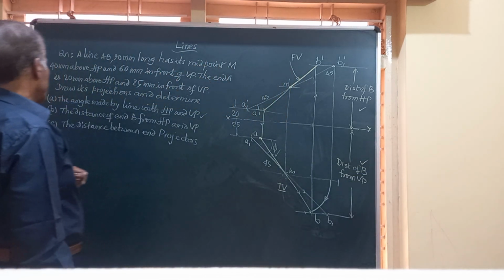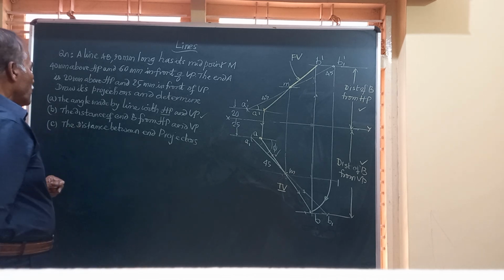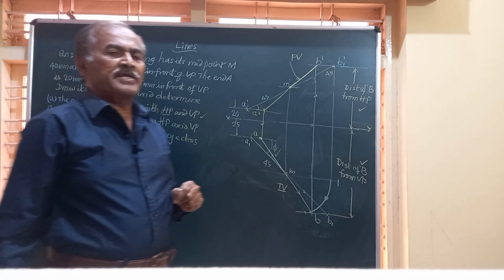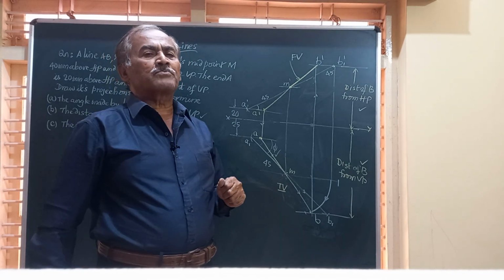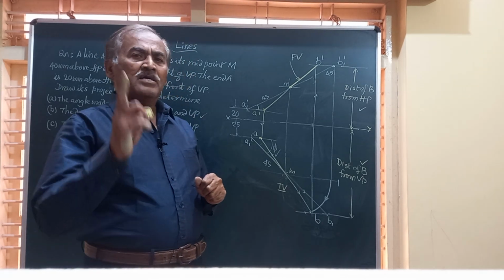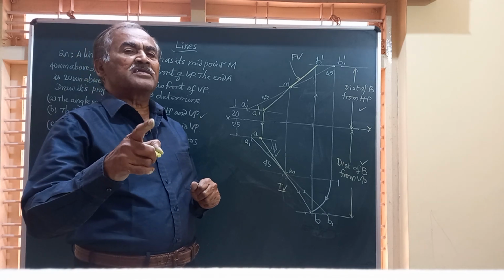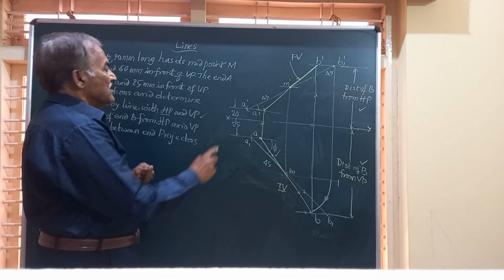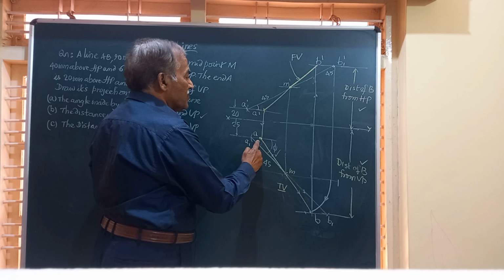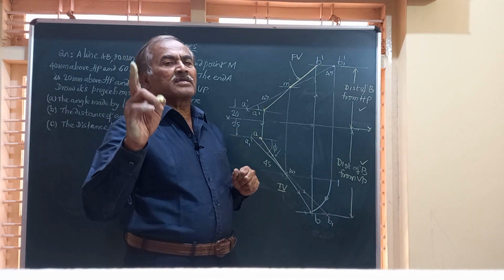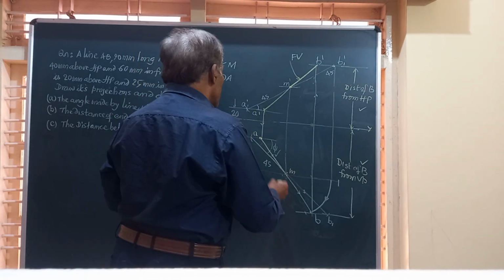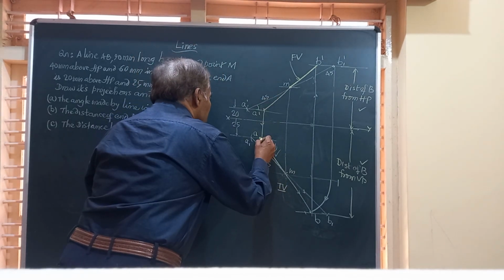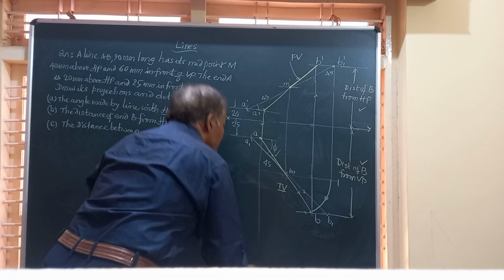That can be measured. Finally, he is asking you, what is the distance between end projectors? Friends, basically you should know what an end projector is. Any line, an imaginary line, connecting the front view and top view of a point is called an end projector. In this problem, we have two end projectors. One is A dash A. You can extend a line from there.